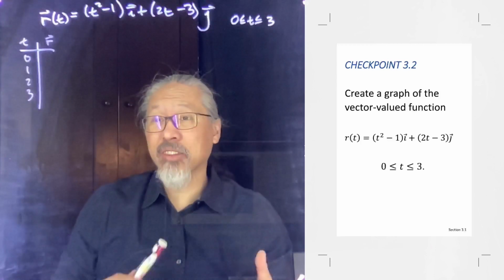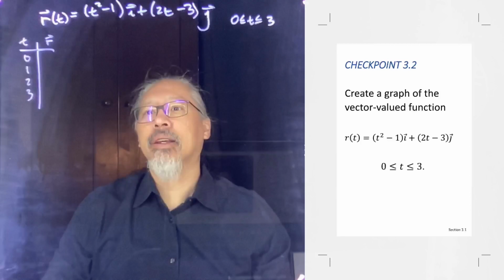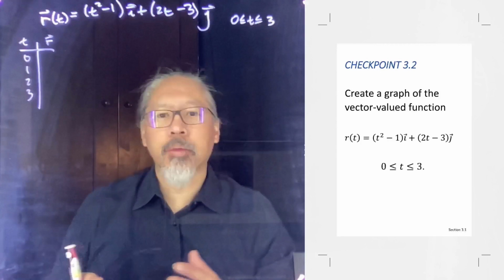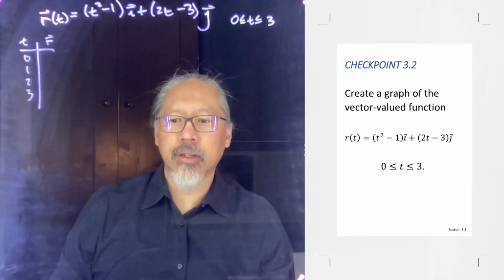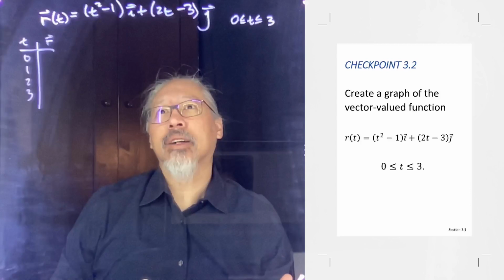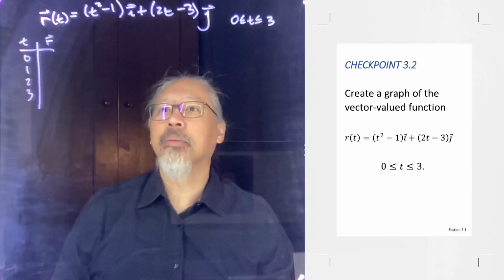Now we can look at this as a vector, but we can also look at it as a point, because remember, a vector is a line segment from the origin to the point that it's being described.